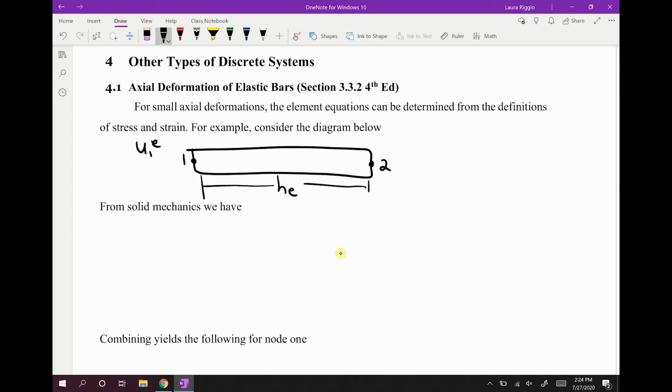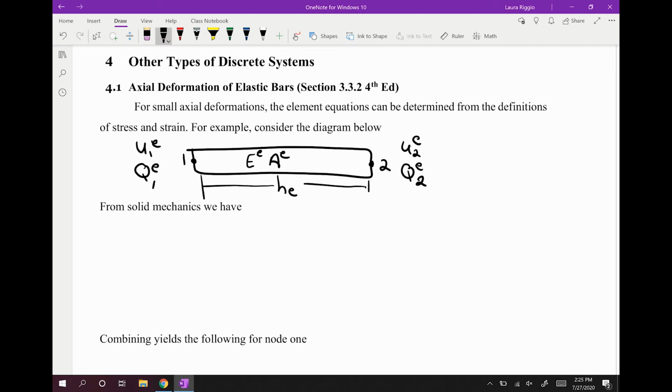I have my displacement at end 1, I have my load at end 1, I have my displacement at end 2, and I have my load at end 2. It also has a modulus of elasticity and a cross-sectional area.